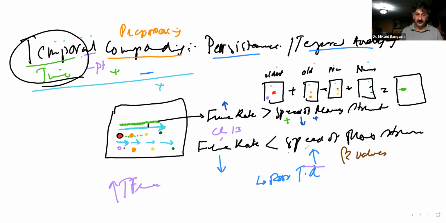Whereas if it's a structure that is moving, but not at a rapid speed, temporal compounding, for instance, will be good enough, but only if the frame rate is greater than the speed of the moving structure.